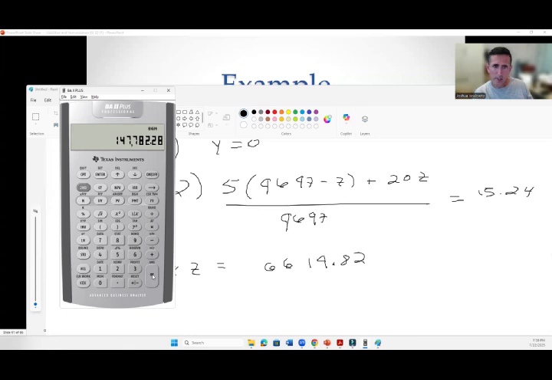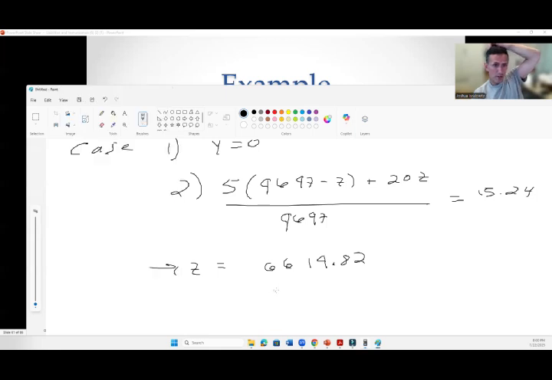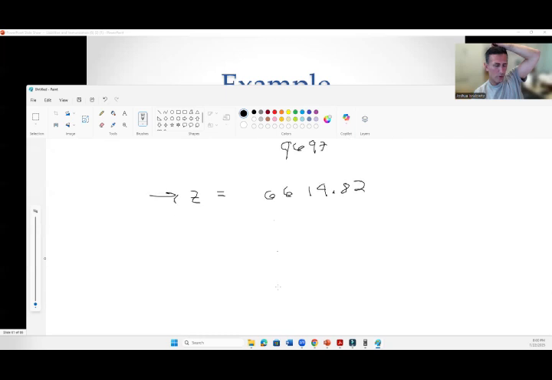Get that. Then subtract 5 times 9697. And then we have 15z in the numerator. So 661982. If anything, it's just worth it to store in the calculator.